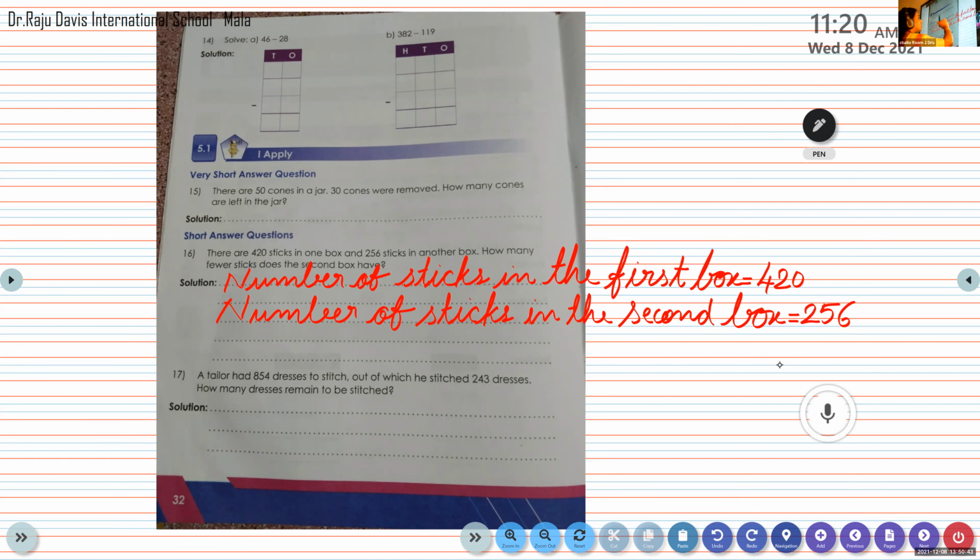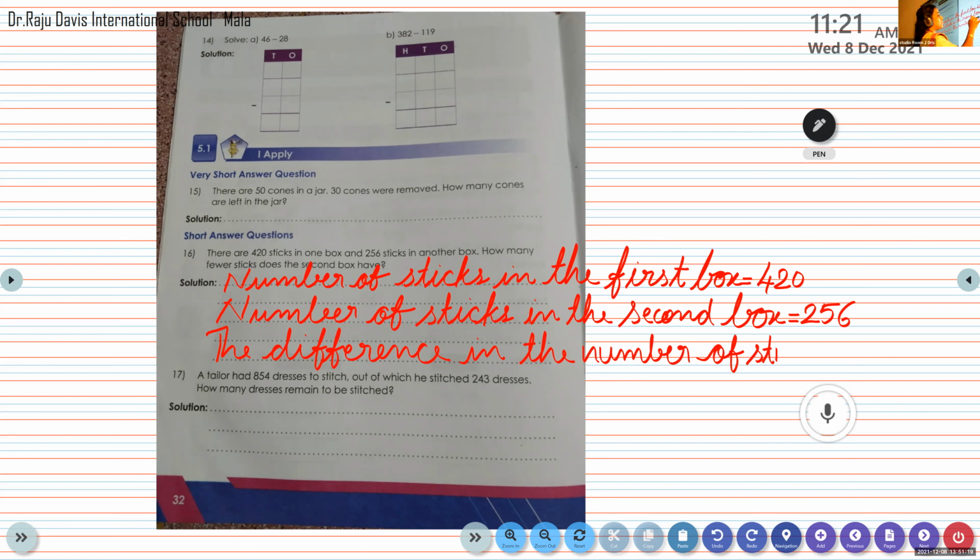Then we have to write the third step. How to write the third step? We have to find out here the difference, isn't it? So we can write the third step as the difference in the number of sticks.